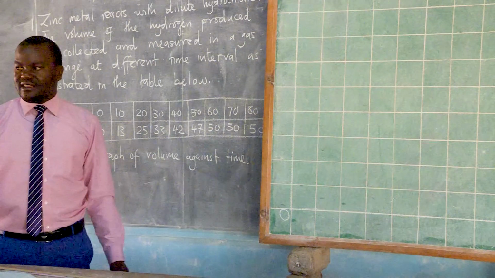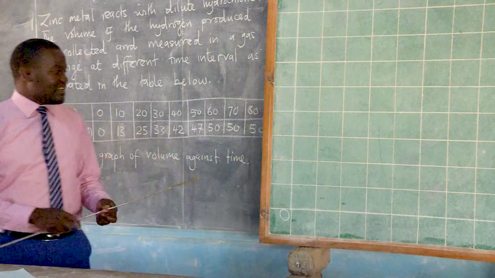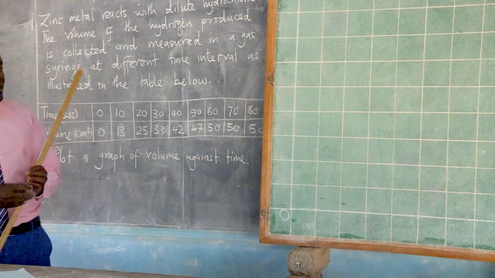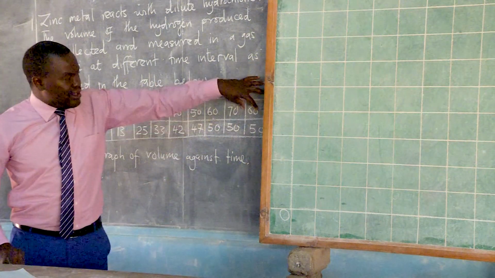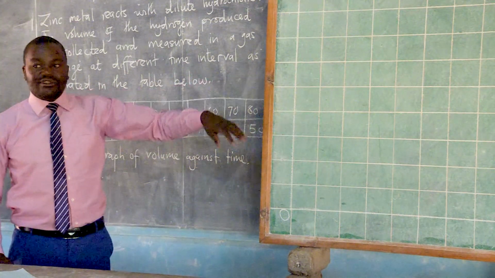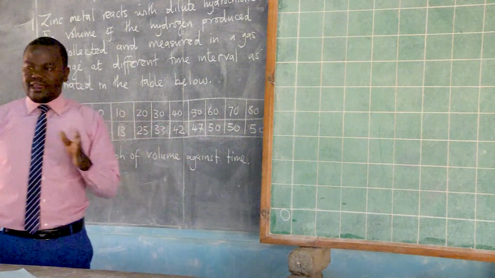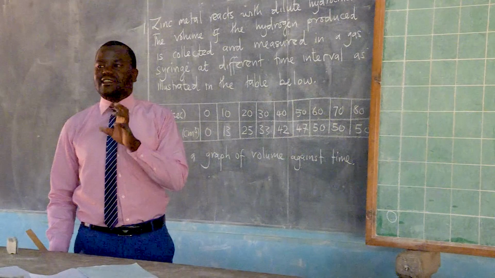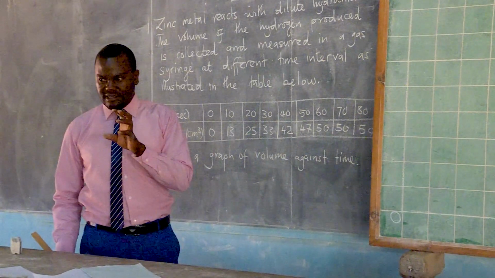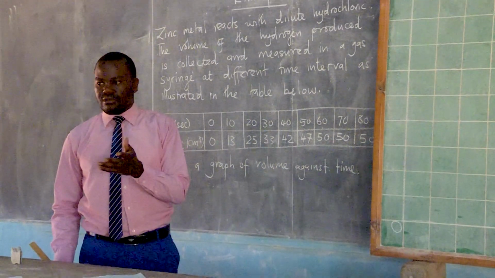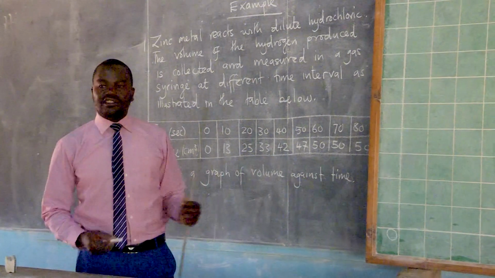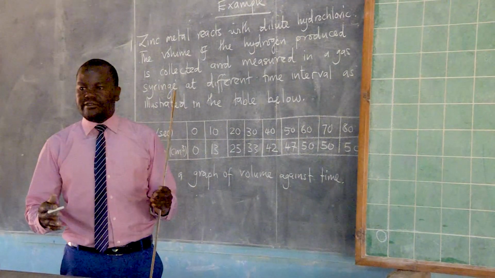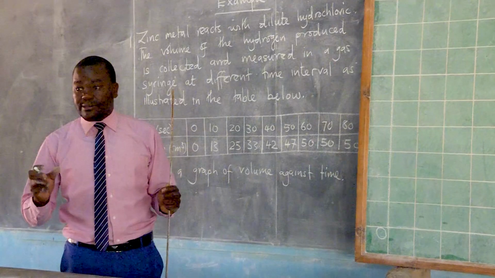Yes, Dresden? 10. According to Dresden, people are saying 10. So now, if you are using 80, then you leave 10 boxes. The thing is, you try to avoid working with decimal points on the graph because it will confuse you. So the best you can do is to at least leave 8 boxes, 8 bigger boxes.